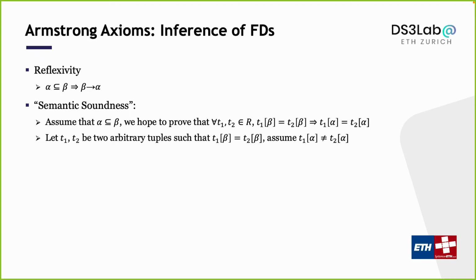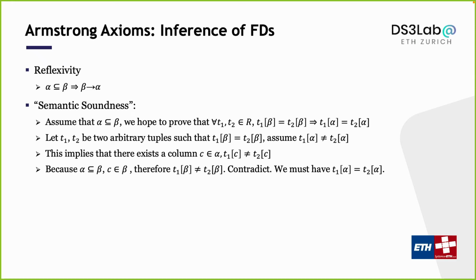You have T1 and T2, two arbitrary tuples from the relation, assuming they match on beta, which is the superset: all the attributes in beta match between T1 and T2. Now assume they don't match on alpha, which is a subset. Then there must be an attribute C in alpha on which these two tuples don't match.